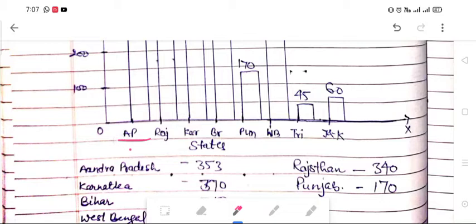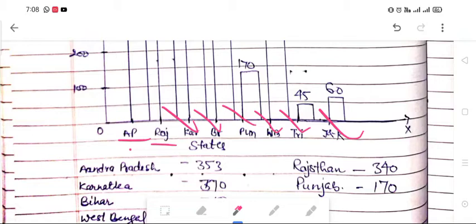AP stands for Andhra Pradesh, RAJ for Rajasthan, KAR for Karnataka, BR for Bihar, PUN for Punjab, WB for West Bengal, TRI for Tripura, J and K for Jammu Kashmir. And the populations are given below. So we shall draw the bar graph using this data.